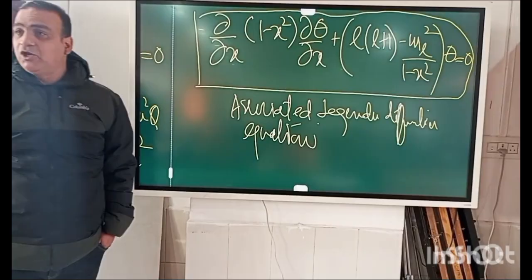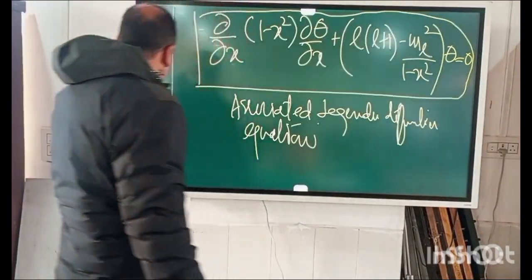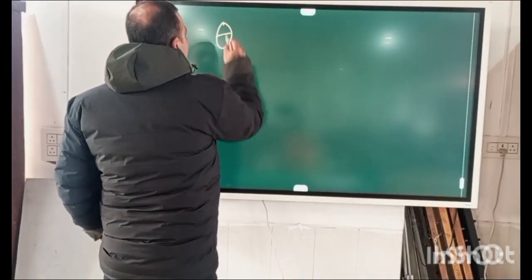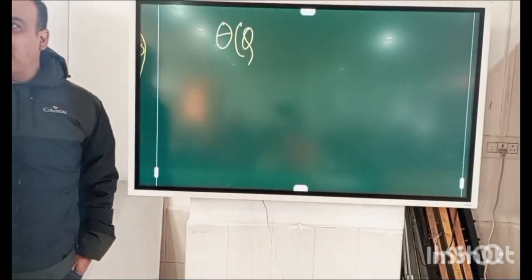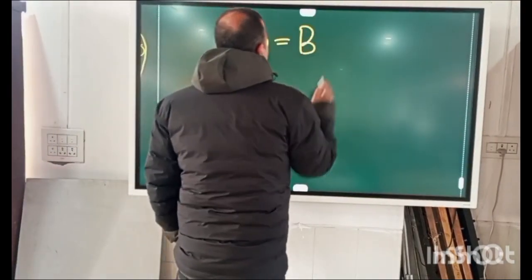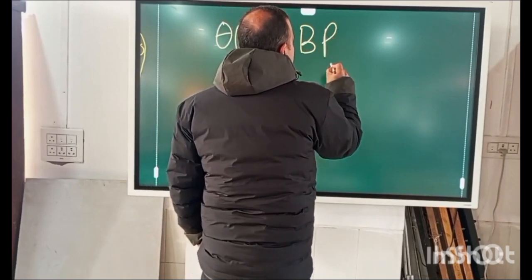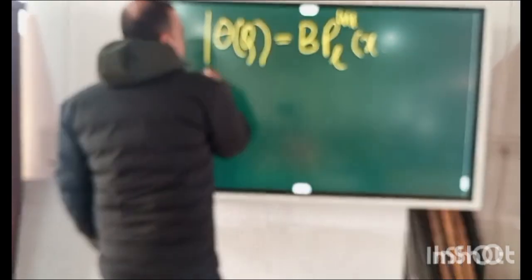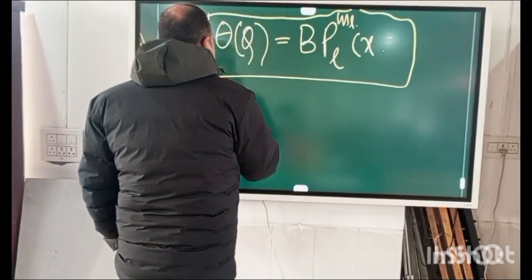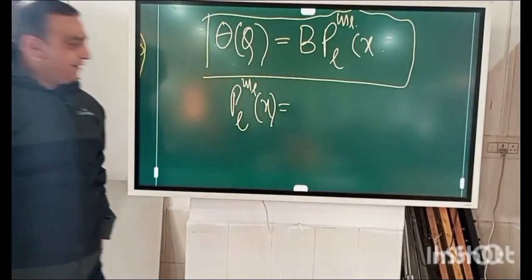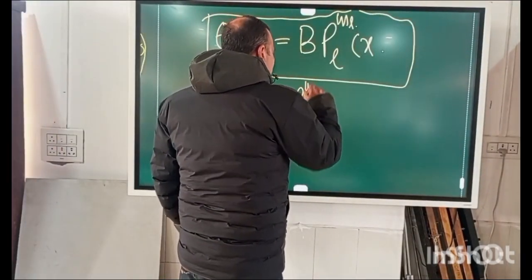Every differential equation has a solution, right? And what will be the solution of this differential equation? We can write its solution as Θ, which is a function of small θ. We started from here. Now this is equal to, say, I will choose some B, P_L^{m_L}(x). What is this P_L^{m_L}(x)? This is a Legendre polynomial, so this is P_L^{m_L}(cos θ).